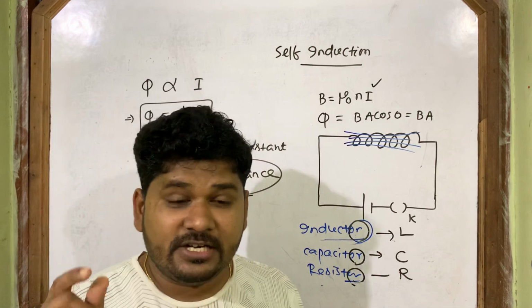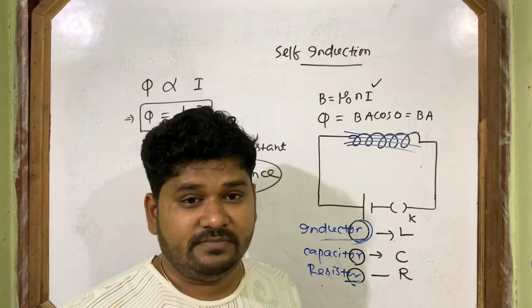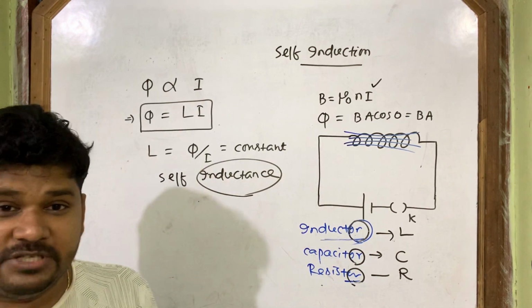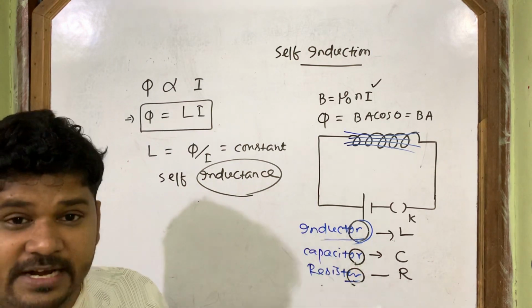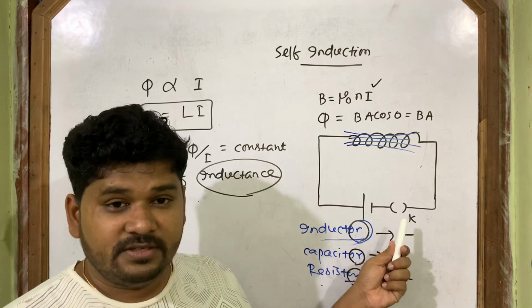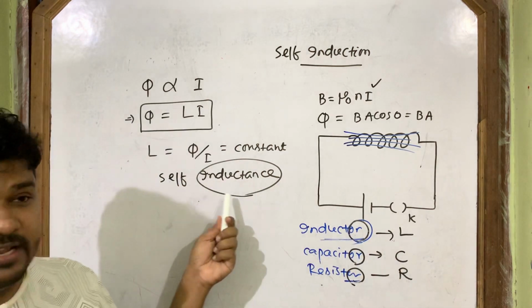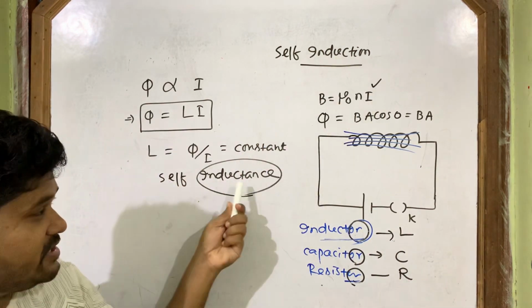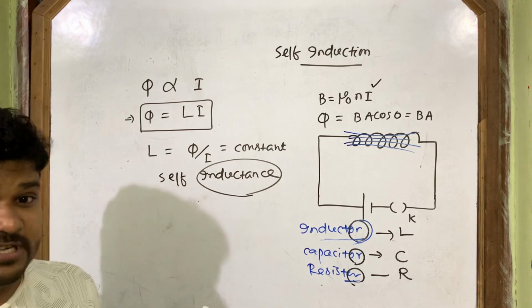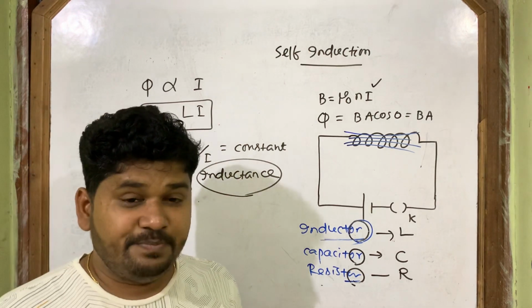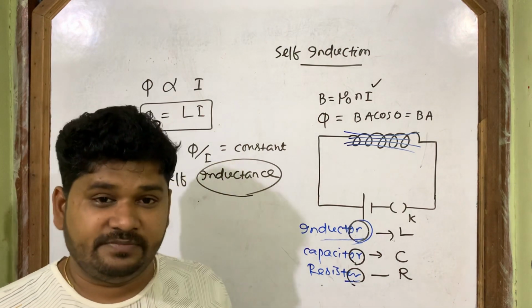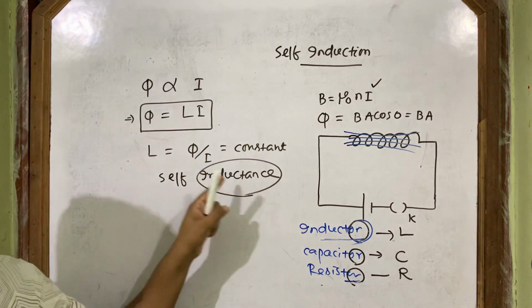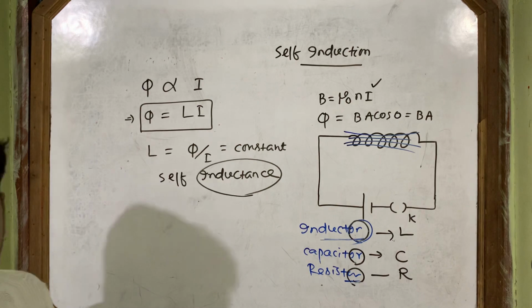Self-induction is the property of the coil by virtue of which it opposes the change in current passing through it. But self-inductance is the constant of the coil. Try to clearly understand induction versus inductance. Don't make this mistake in the exam, because many students do and get 0 marks. Self-inductance is the ratio of flux linked per unit current.